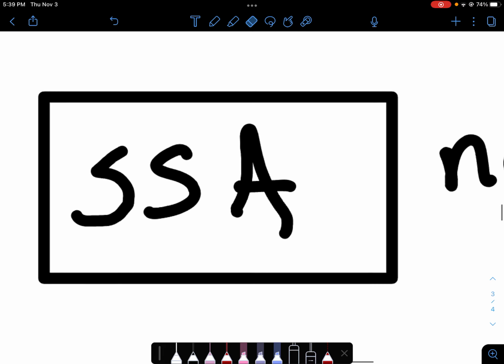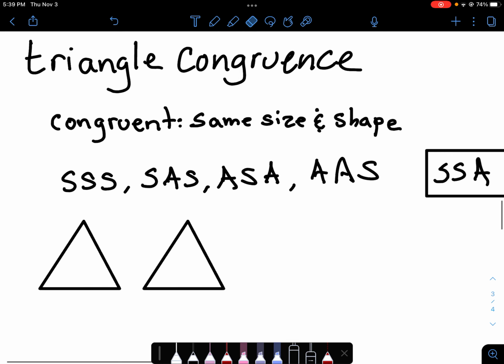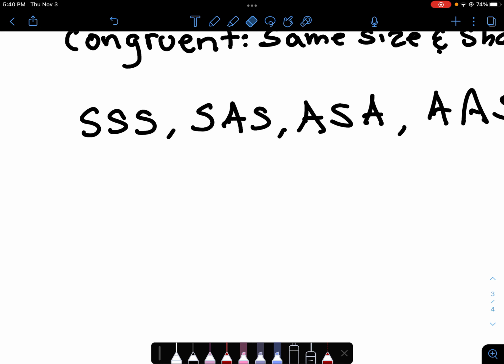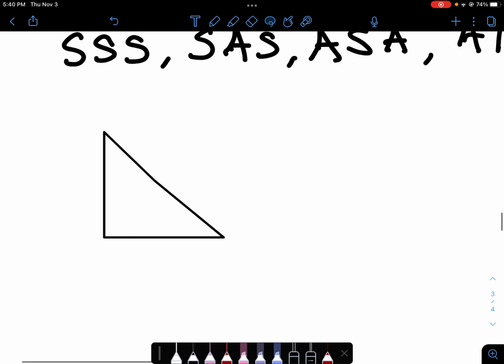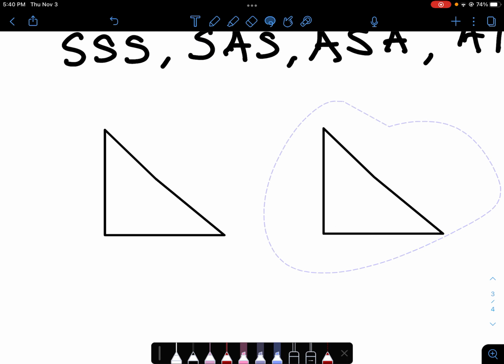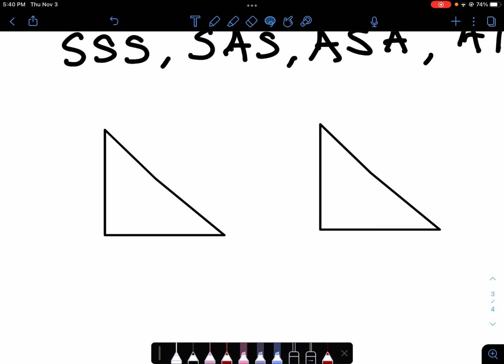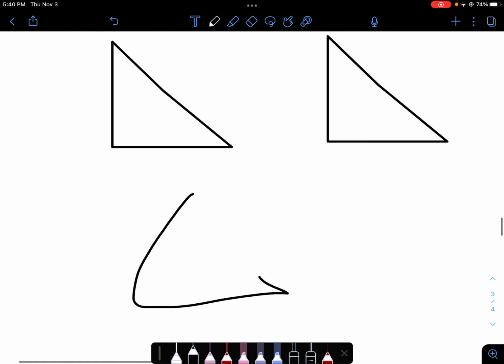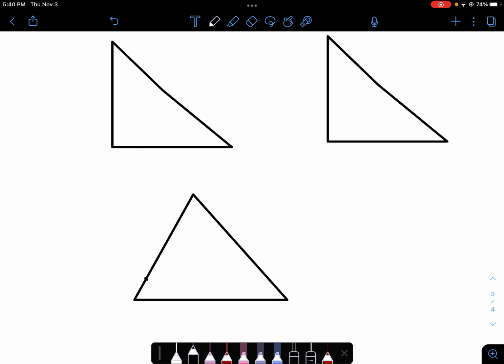And then the most important is that side-side-angle is not a rule unless you have a right triangle. Now this is a very interesting thing because before we would just have one angle and two sides and undetermined angles everywhere.